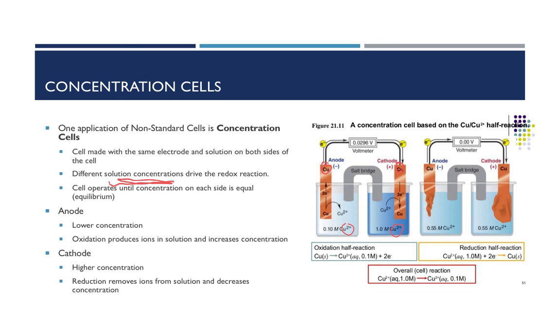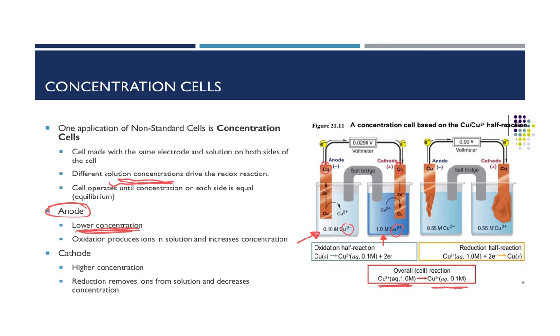So if you start with a case where one side of the cell has a much higher concentration than the other side, you can get a reaction to be driven from the higher concentration to the lower concentration. In this particular case, the anode, where the oxidation happens, is where you have the lower concentration.